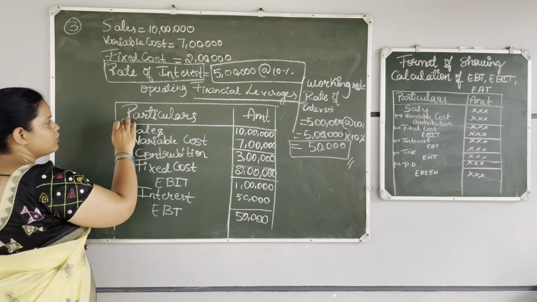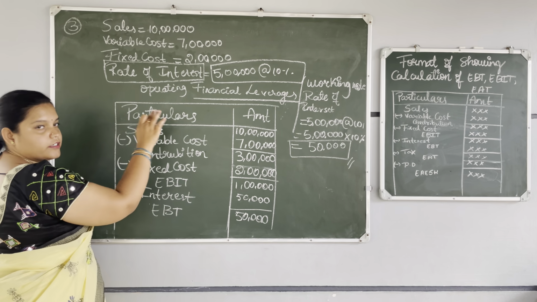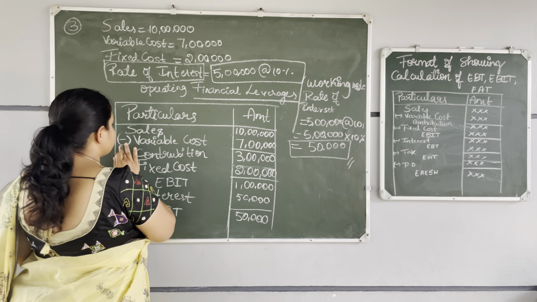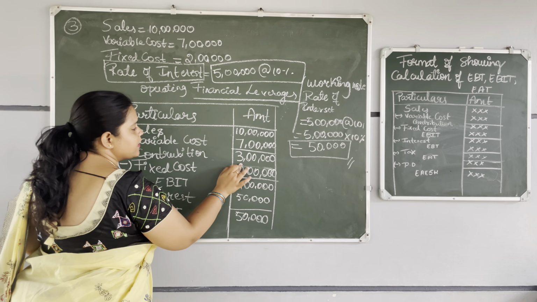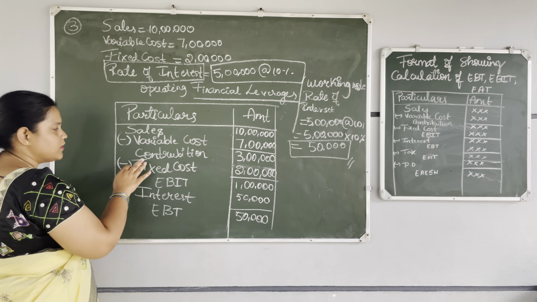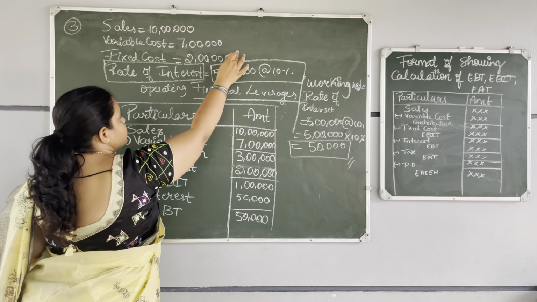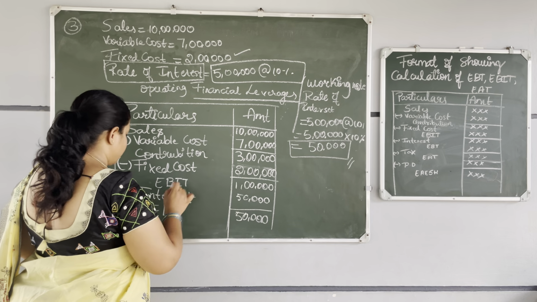Now make a column like this with particulars and amount. First we write sales. Sales is 10 lakh minus variable cost 7 lakh, contribution amount we are getting is 3 lakh. On this contribution we do minus fixed cost, which is 2 lakh. We are getting EBIT amount of 1 lakh.